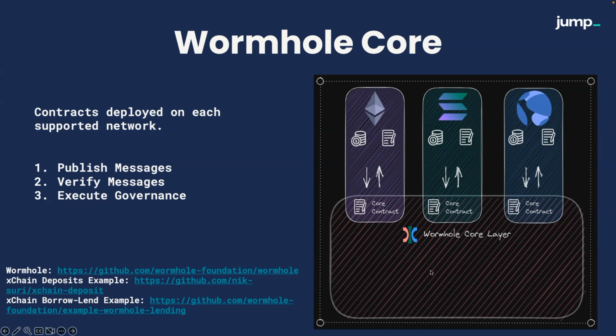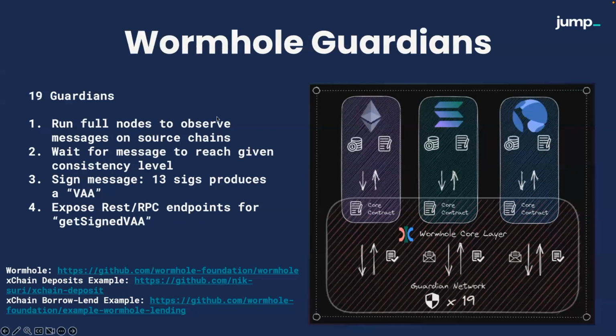But what is actually in this core layer, how do these messages move around, and what makes sure that the messages are valid? That is where the Wormhole guardians come in. They fill up what's in this core layer. There are 19 Wormhole guardians, and what they do is they run full nodes to observe messages that are emitted on source chains.